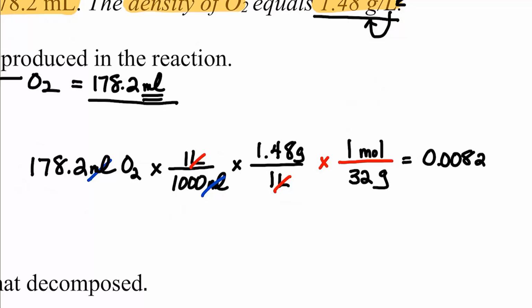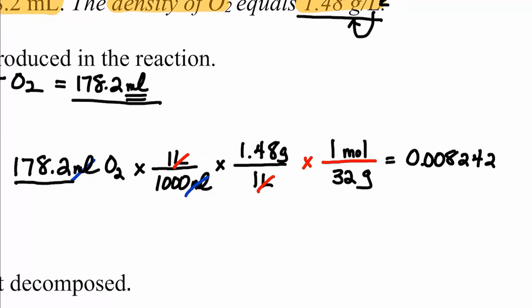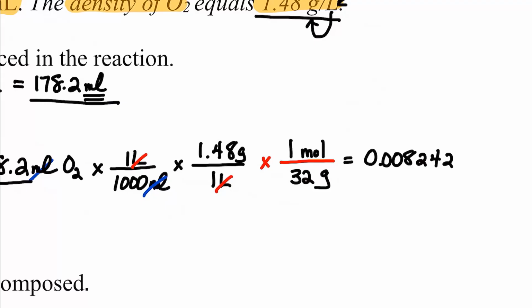I'm going to keep 4 sig figs since they started us with 4. So 0.00824, and this is, again, what do we have here? Okay, this is moles of O2. As I said in class, if you're cool, you don't write the E under the for mole. So this is our answer here.